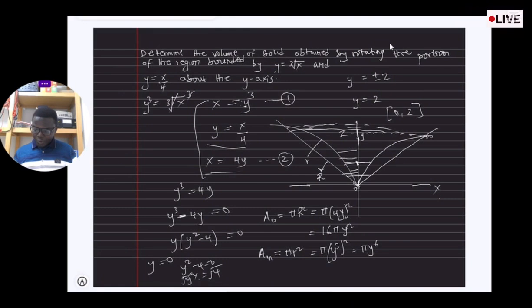So in that case we can say our volume V is equal to the integral of the area, A_O minus A_in, and in this case we are integrating with respect to y.